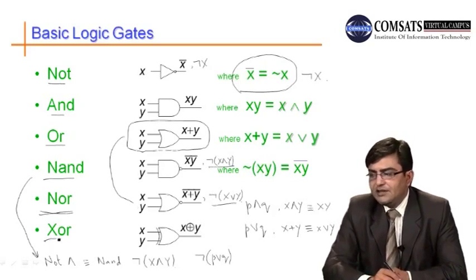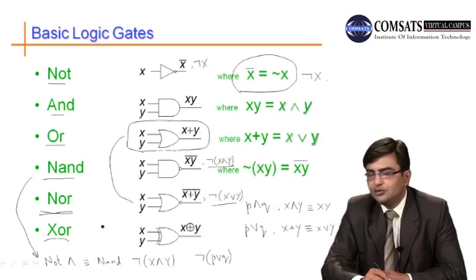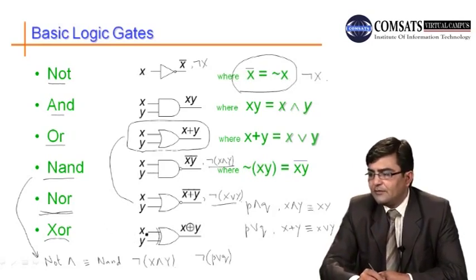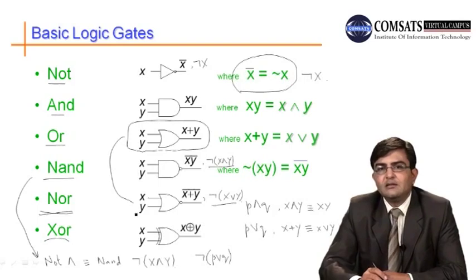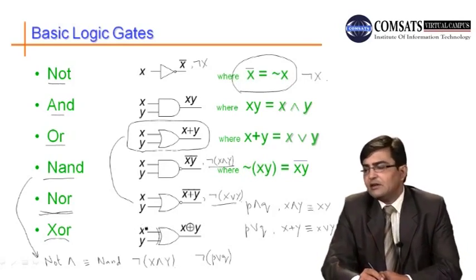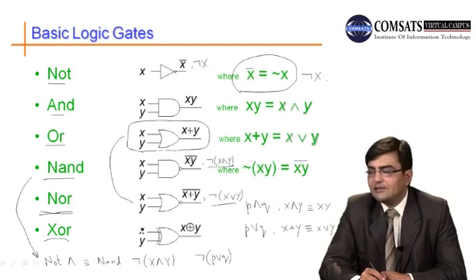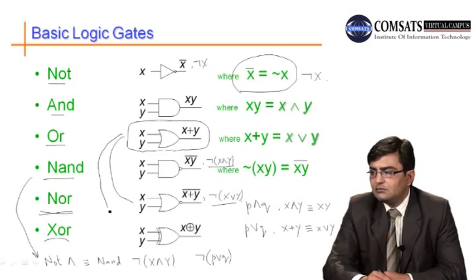The next logic gate is XOR. The XOR logic gate is the form of OR operator in which exactly one of X or Y is true. We have studied the XOR operator in the first lecture. The symbolic representation of the XOR logic gate is like the OR logic gate, but we draw a line before the OR logic gate in this case.